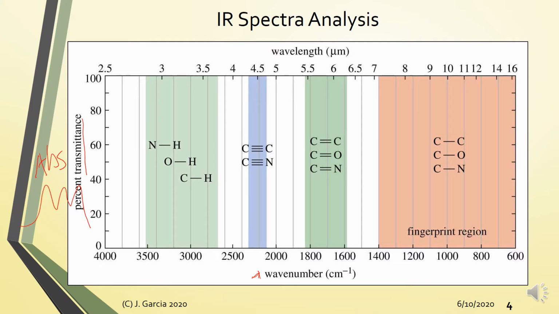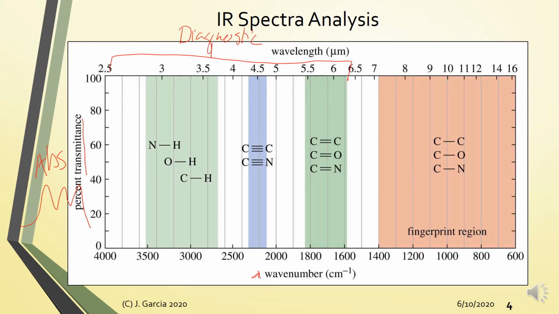Now, yung region between 4,000 to roughly around 1,600 shows you the strong signals, the strong peaks, usually corresponding to strong stretching signals. And you call this region of the spectra your diagnostic region.